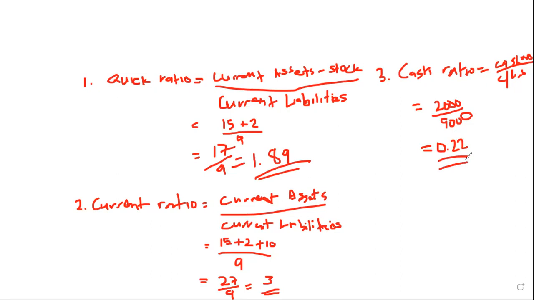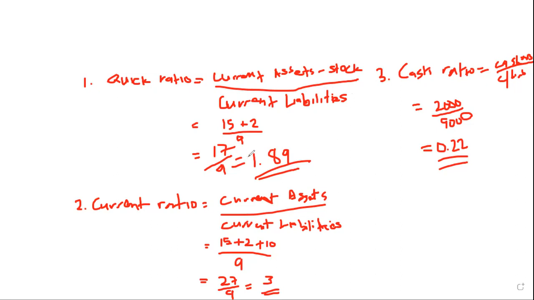In case they have asked you to explain what these ratios mean, for example, on a quick ratio, it means you have got 1.8 times of cash to meet the current liabilities, or to pay the current liabilities when they fall due.